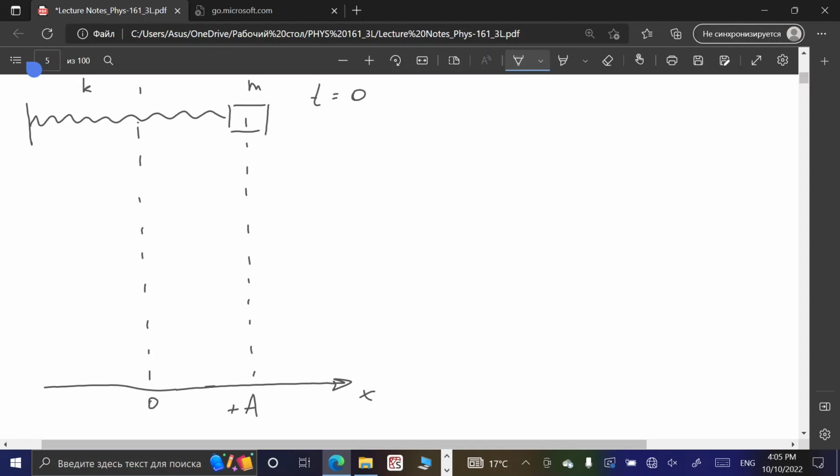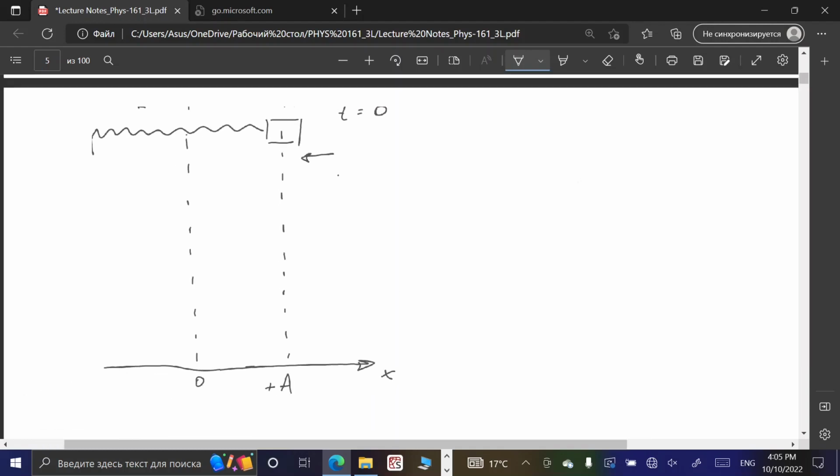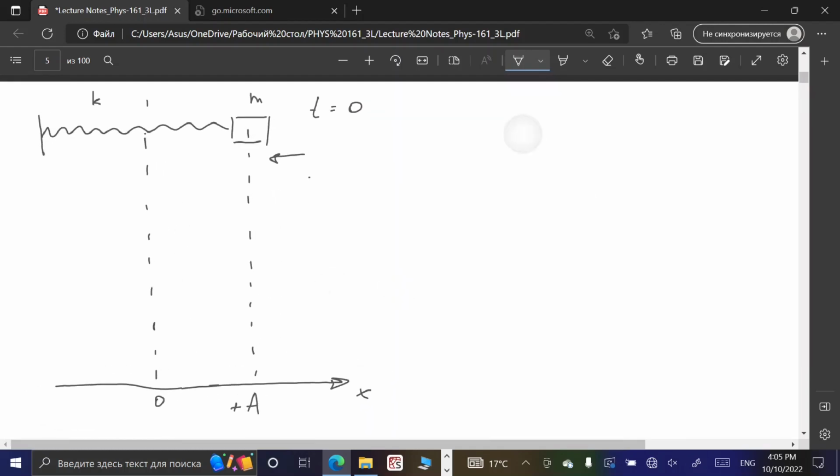So what about the spring force? We have spring force, which tries to push this block back to the equilibrium condition. This will be F spring. Now let us see what will happen if we let this system go by itself. This block will start to move to the left. It will reach the equilibrium condition.